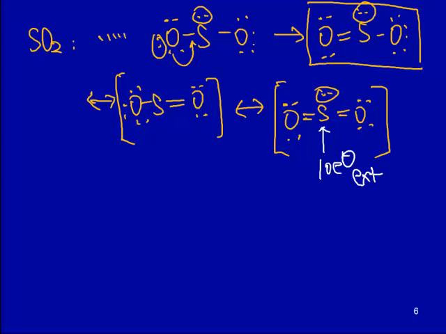That's actually an extended octet. So this is the extended octet, since sulfur is a group 6 element, which has d orbitals, readily allowing additional valence electrons beyond 8 to be put onto this element.